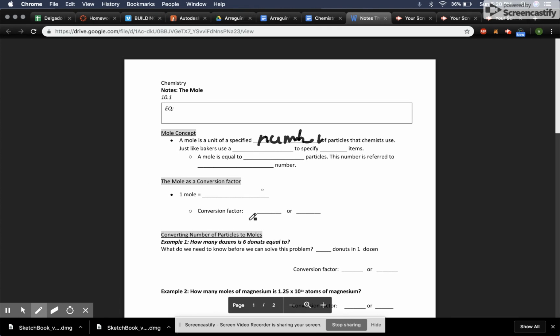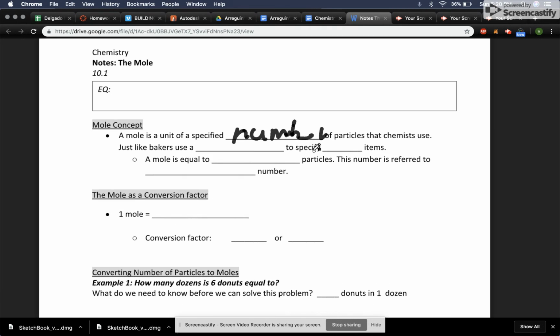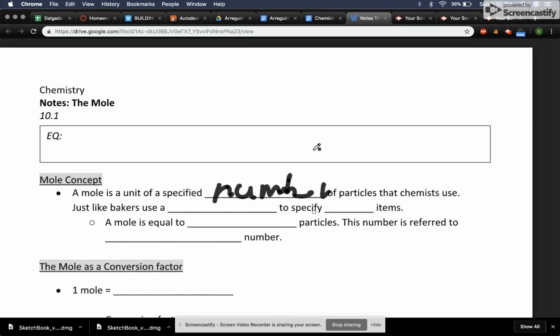So remember, I told you guys in class that when we're describing particles in an atom and such like that, we're able to say that it's either a lot of atoms or molecules, or we could say that it's a mole, or we use mole to kind of jumble all those large numbers together.